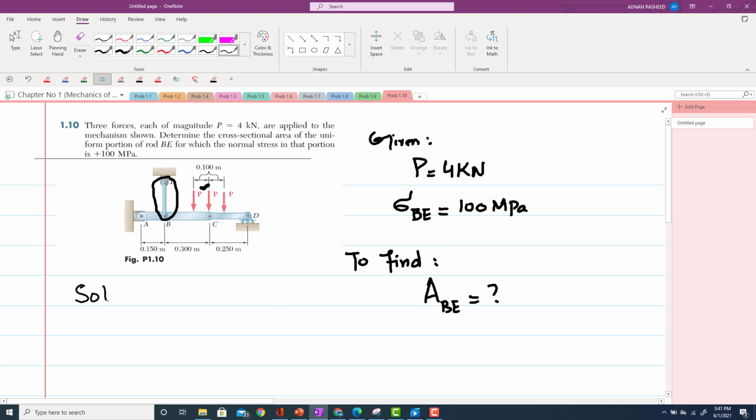And for solution, as we know that we are interested in finding the area of this BE, so definitely our focus will be on this place. Clear? So let's start with the free body diagram.